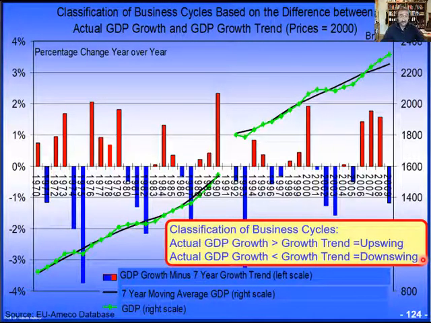If you subtract from the growth rate of actual GDP the growth rate of the moving average GDP, we receive positive growth rates if we are in an upswing period. If we are in a downswing period, we receive negative growth rates. In this diagram, the red columns mark upswing periods as a consequence, and the blue columns mark downswing periods.